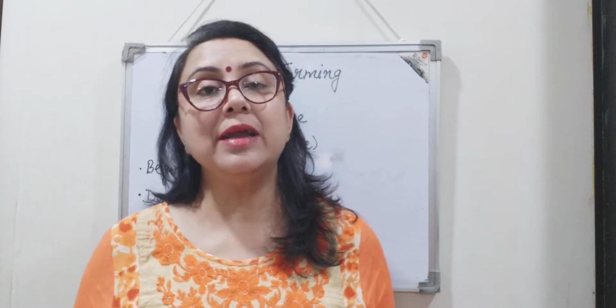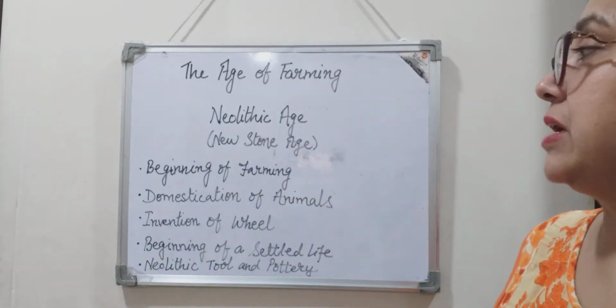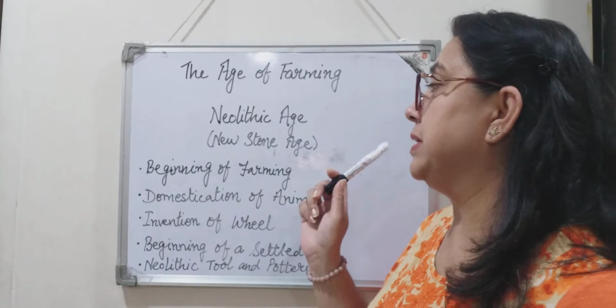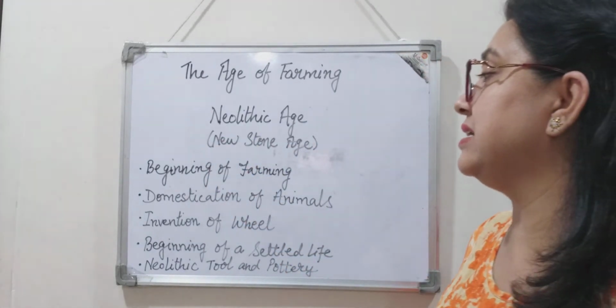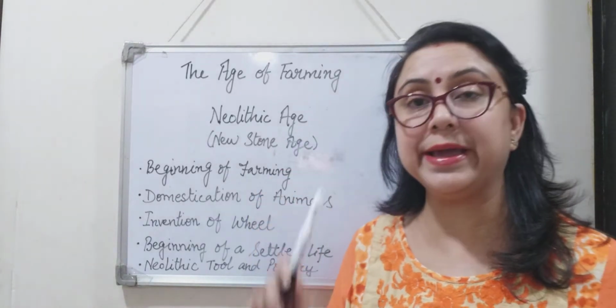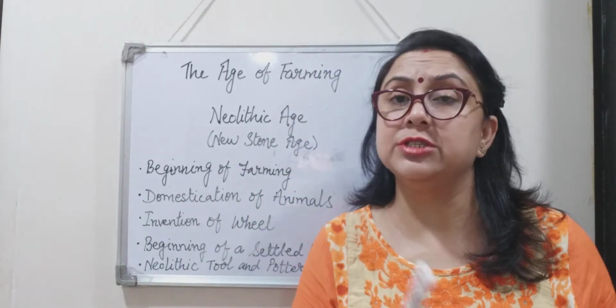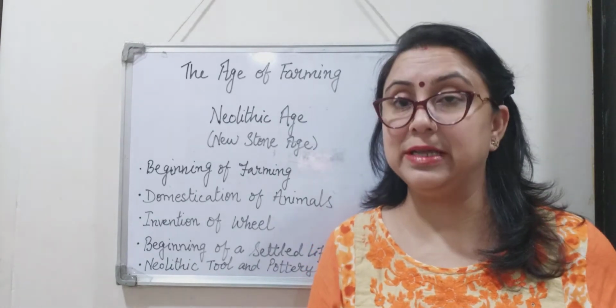So in our previous session we started with the lesson The Age of Farming, in which we were talking about the Neolithic age, that is the New Stone Age. We were talking about different discoveries, different inventions and the way of living of early humans, isn't it?